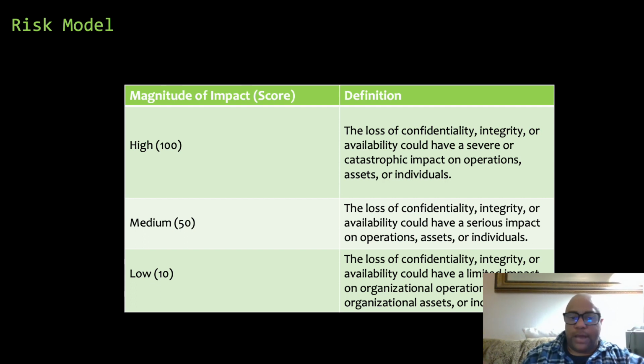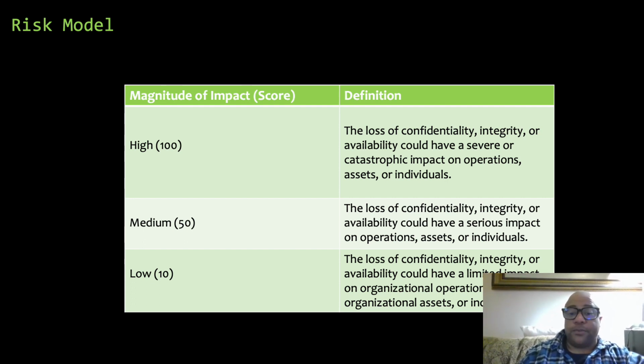This chart goes into that a little bit further, looking again at low, medium, high, with low having a score of 10, medium having a score of 50, and high having a score of 100. Looking at low first, the definition would be the loss of confidentiality, integrity, or availability could have a limited effect on business operations.